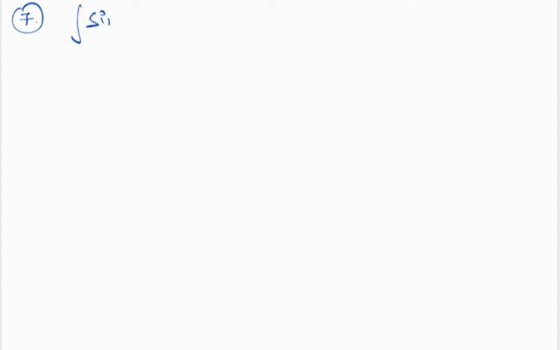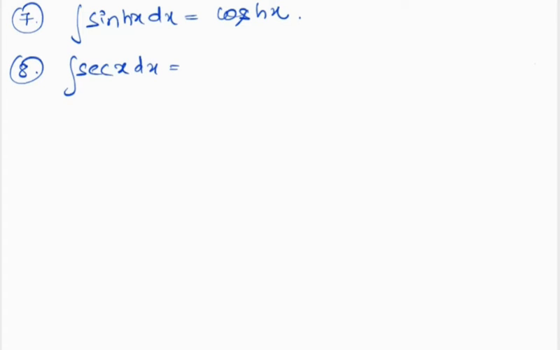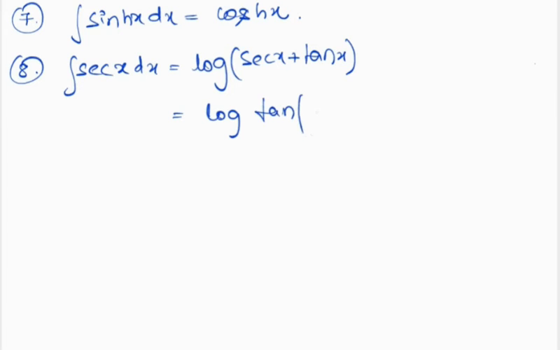Integration of sinh x dx is equal to cosh x. Integration of sec x dx is equal to log of sec x plus tan x, or we can write this as log of tan of pi by 4 plus x by 2.